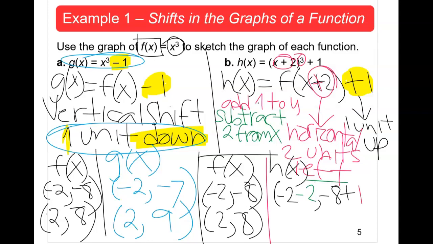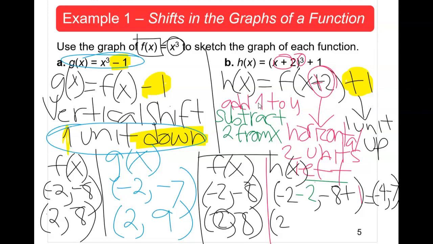And so this point will happen to be -4, comma, -7. Okay, and for the next point, again, we're going to subtract 2. Oh, that was actually a +2 originally from here.